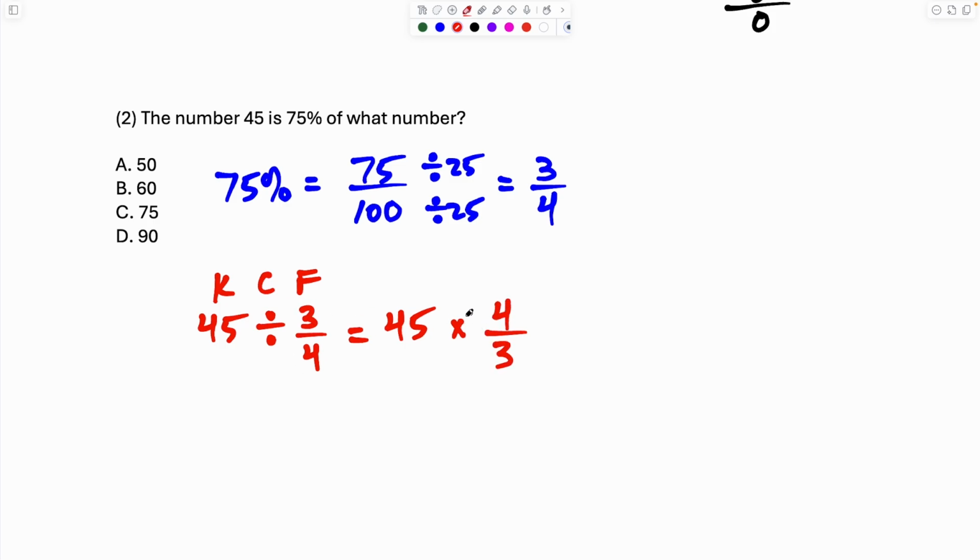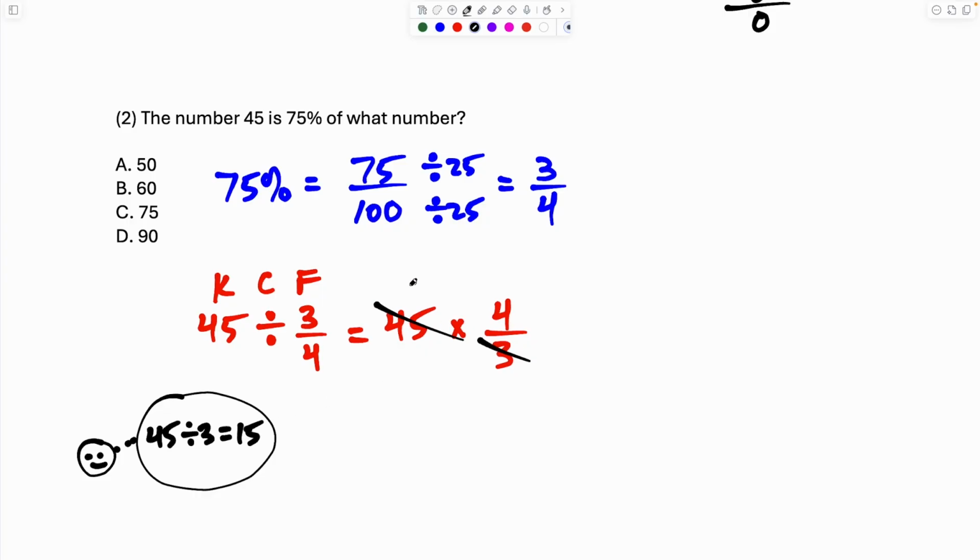Now I like to cross cancel. In my head, 45 divided by 3 is equal to 15, so I cross these out and write a 15. Then 15 times 4 is equal to 60. So this is going to match up with choice B.